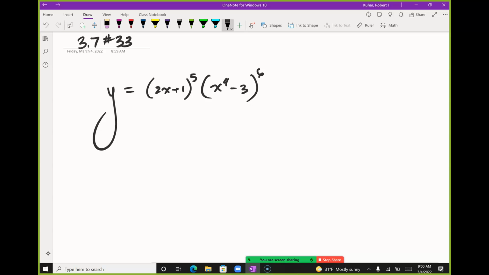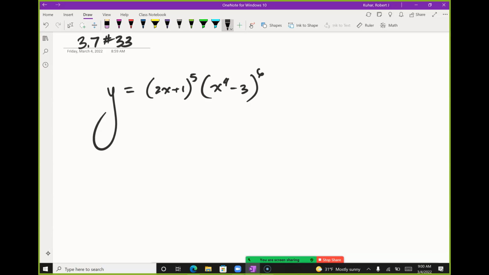I'm going to start with the product rule, and then I'm going to switch quickly to an ln problem. I probably should do something first, but I'm a little impatient today.